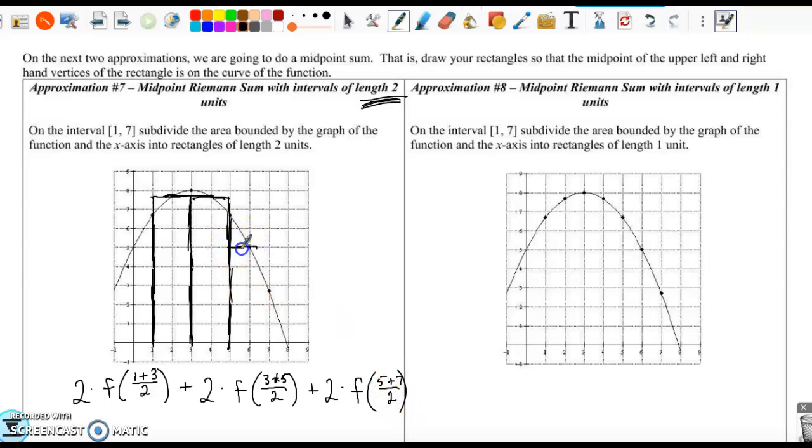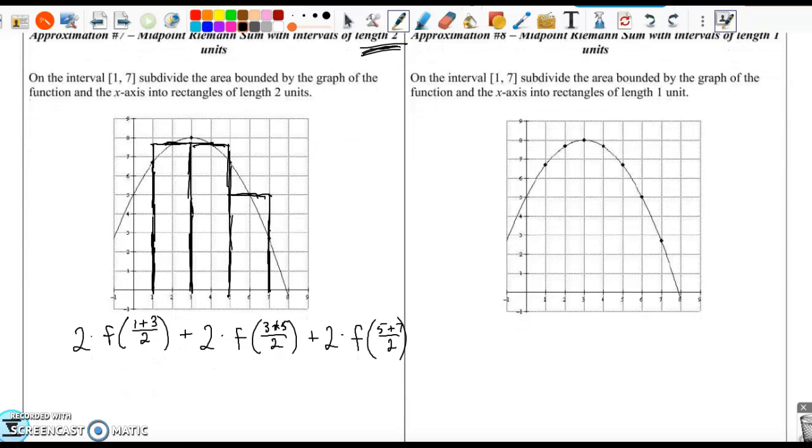So then f of 6 for the last one. And some would argue that the midpoint Riemann sum is a better approximation than doing a left Riemann sum or a right Riemann sum. And I would just say it's up to the equation, really.